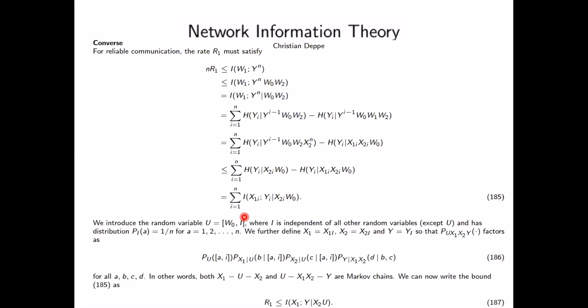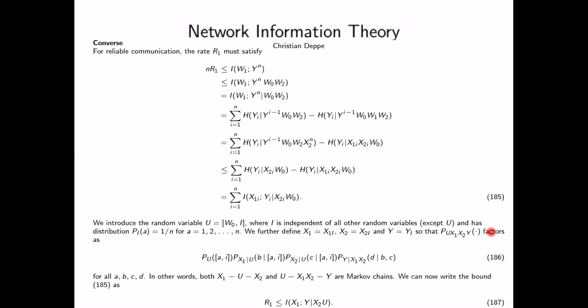Now we introduce a random variable u, which is a joint random variable of W0 and I, where I is an independent random variable of all other variables. And we choose the distribution of pi a equal 1 over n, for a equal 1 to n. And then we can define x1 as x1i, x2 as x2i, and y as yi.